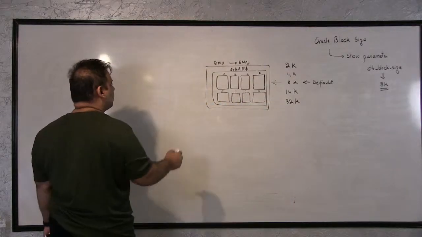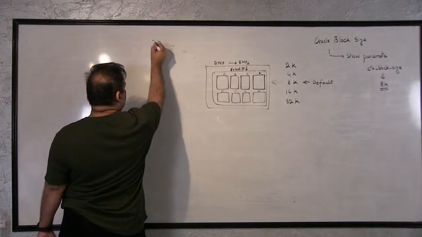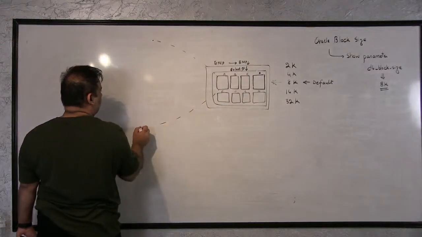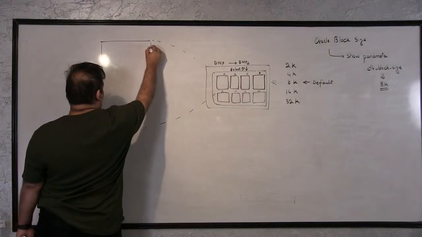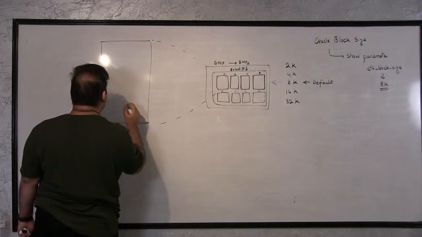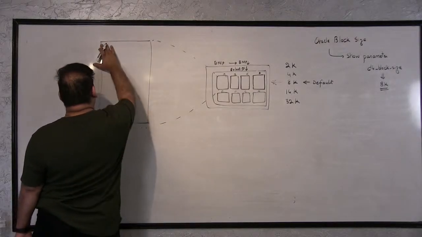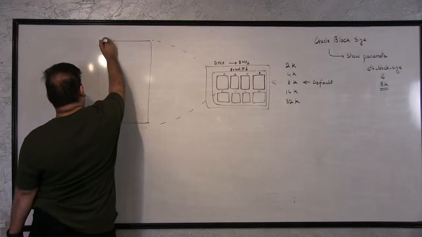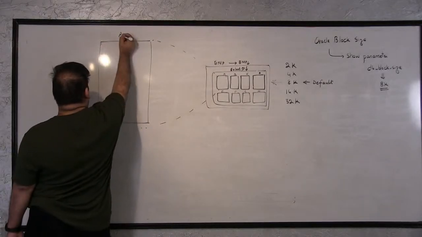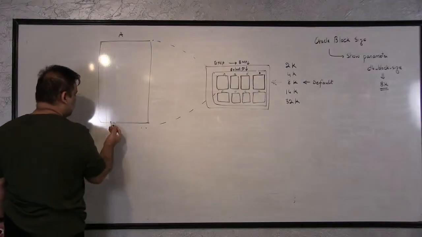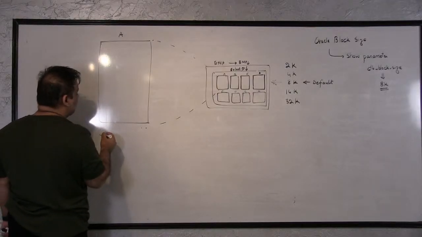Okay, so what I'm going to do is zoom into block A here. So here is our block A. Block A is again divided into 3 different parts. So this is our 8K block size, right? So this is block A, and here we are saying, okay, what is the complete size of this?